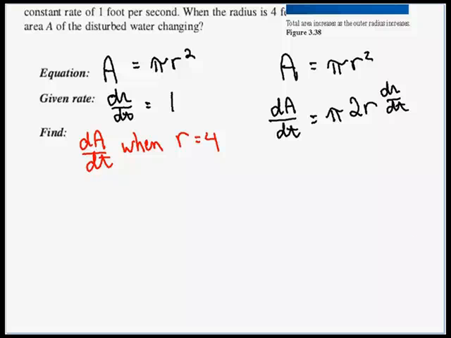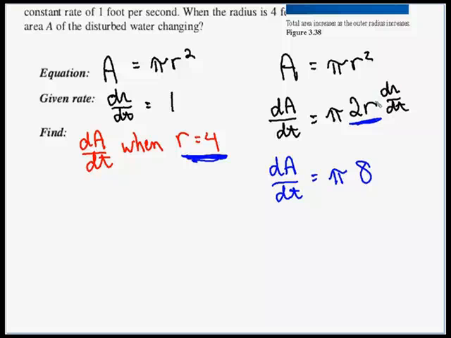Now we can just start plugging in some stuff we have over here from the setup of the problem. So we're trying to find dA dt. And that stays as it is, and that's equal to pi times 2r. Well, what do we have? r is 4. So that's going to be 2 times 4, or 8.